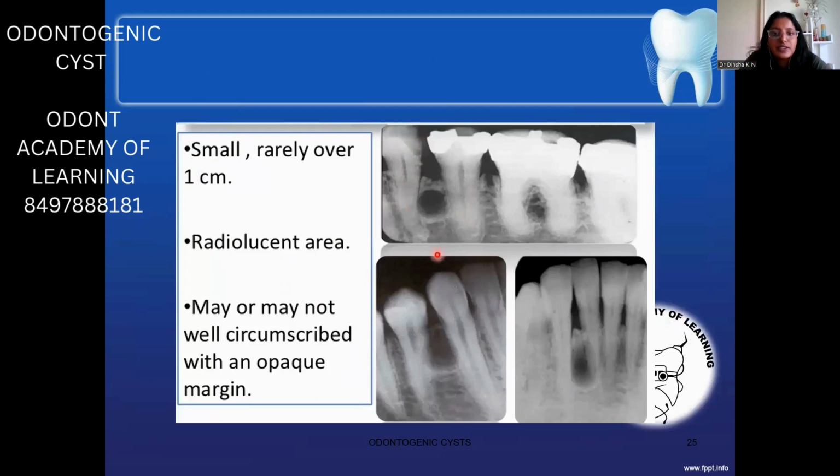Radiographically, it appears like a small radiolucency, which is rarely over 1 centimeter and may or may not be well circumscribed with an opaque margin.